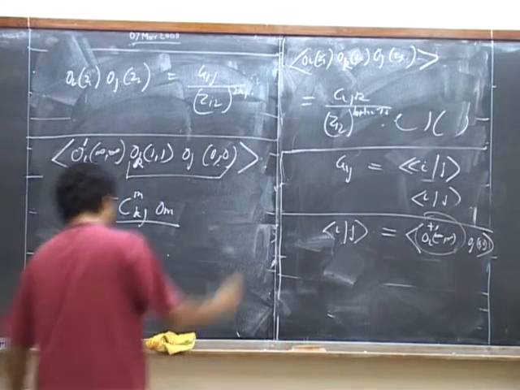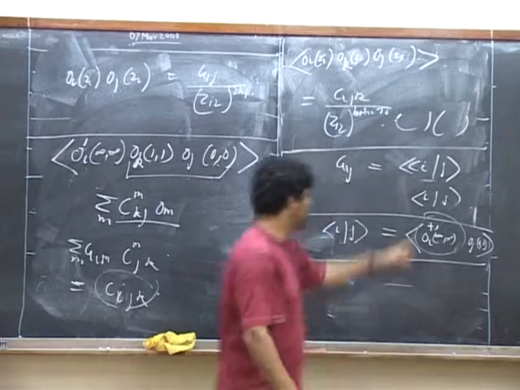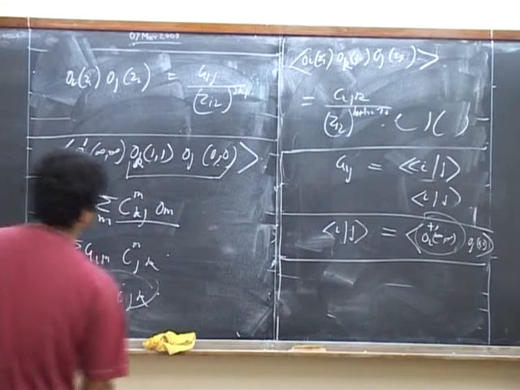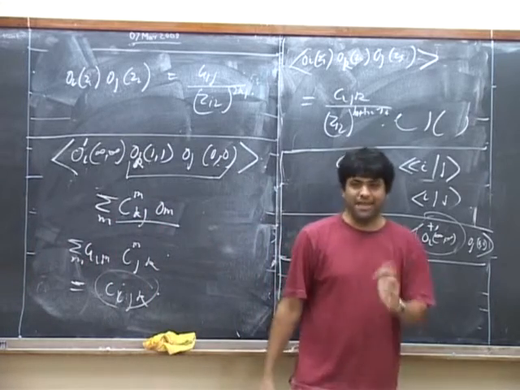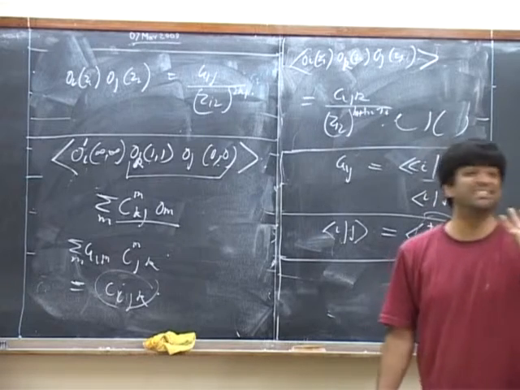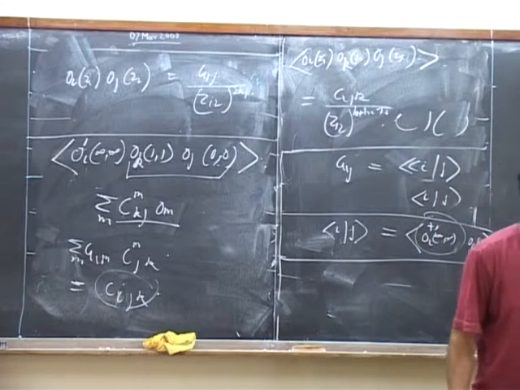Okay, so let's try to understand this. In order to understand this, I first have to give you the definition of this O dagger. What I want to do is, on Hilbert space, simply complex conjugate the wave function.